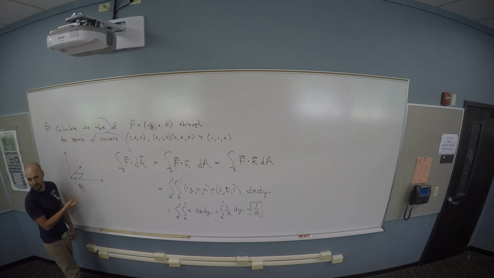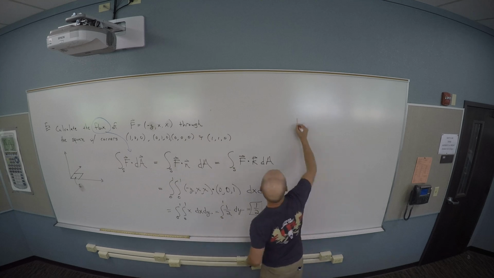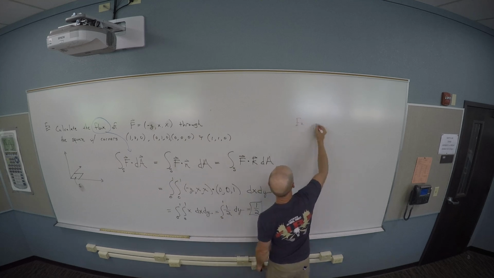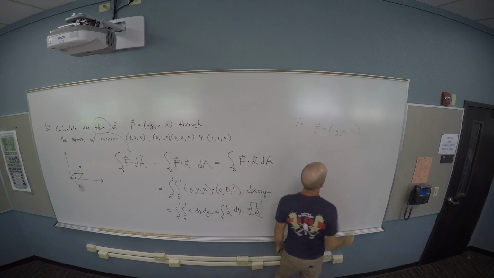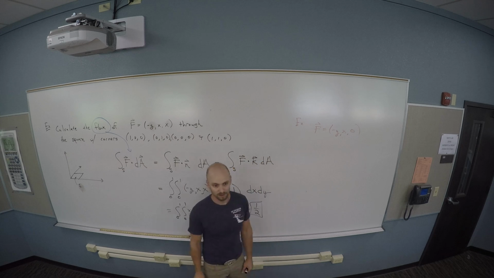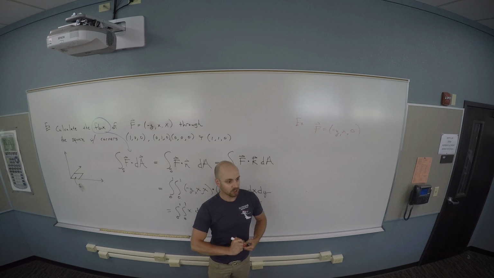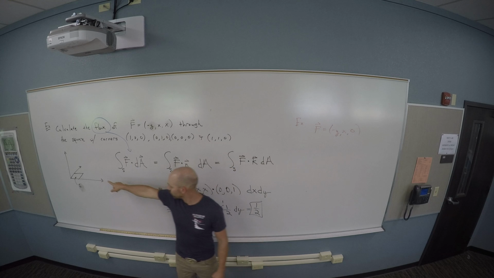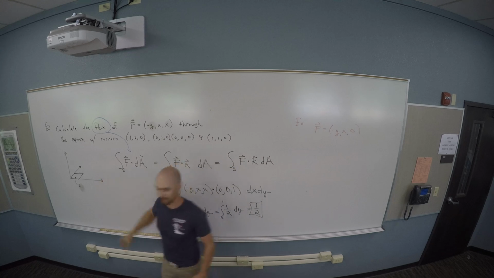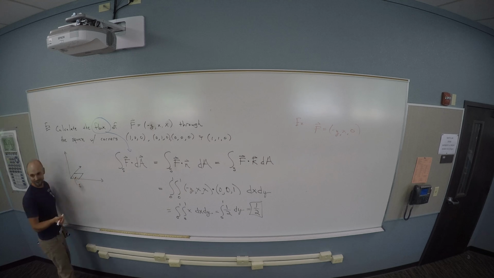If I thought about a separate but similar example, F is minus y, x, and 0, then there wouldn't be anything happening. Because at every level, it's spinning. So how much is going through the plate? 0. A little bit is entering this side, but it's leaving that side.